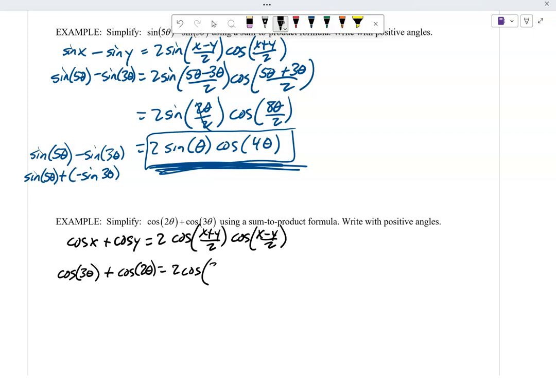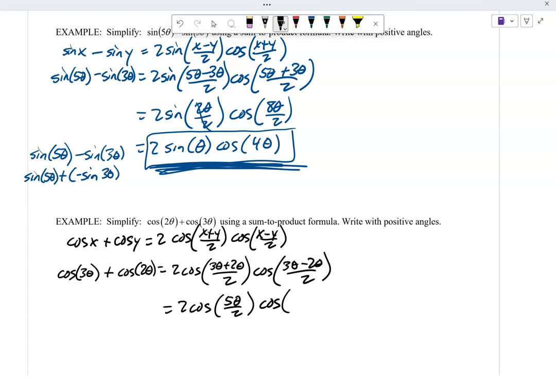And then our 3 theta is the x, and the y is 2 theta. And there we go.